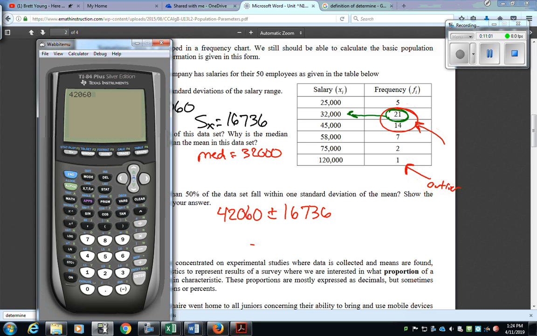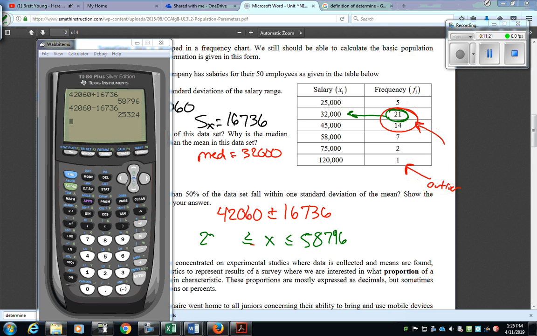Plus 16,736, so we got 58,796. And then same thing, but let's subtract it: 25,324. So I end up between 25,324 and 58,796.